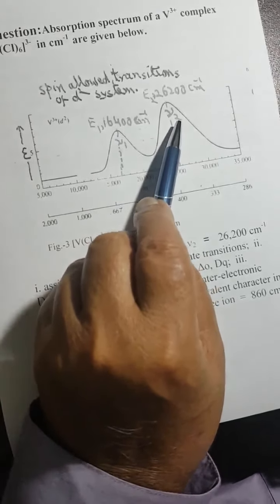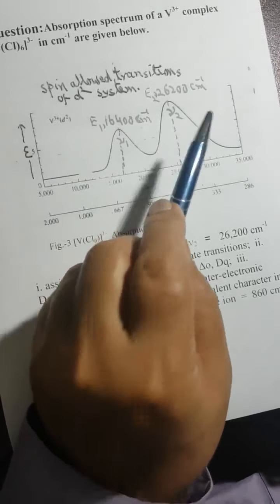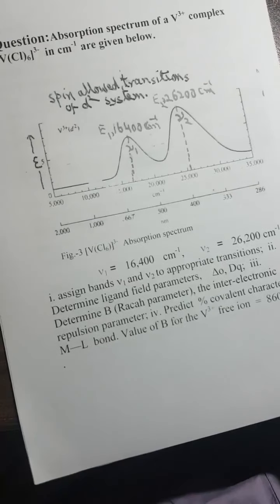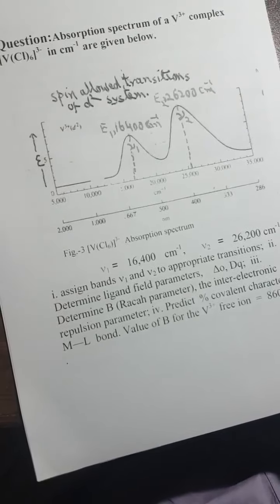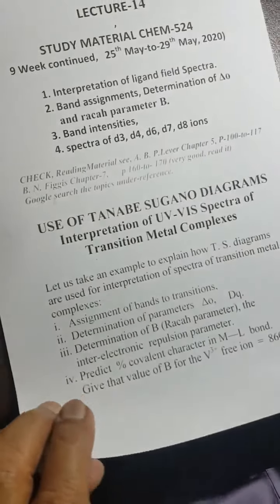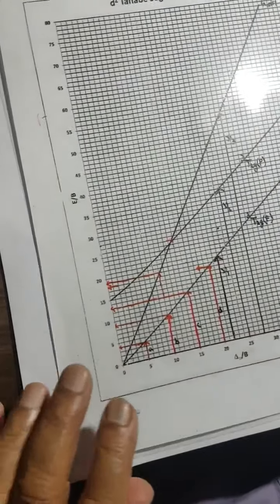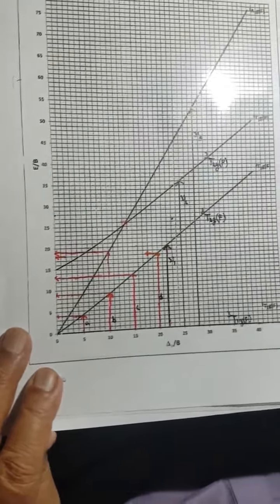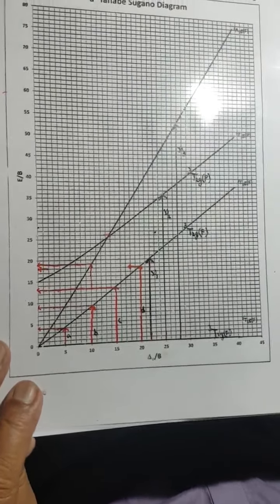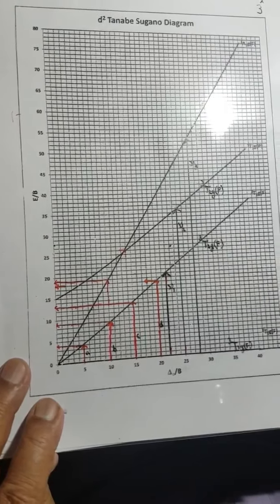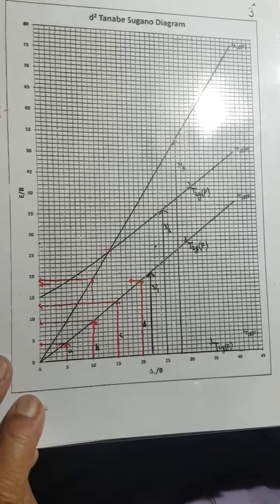So this is all explained with the help of the Tanabe Sugano diagram. I have given you a full lecture's material on the Tanabe Sugano diagram, lecture 13 I mean.